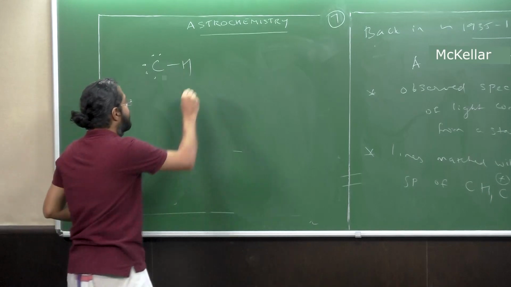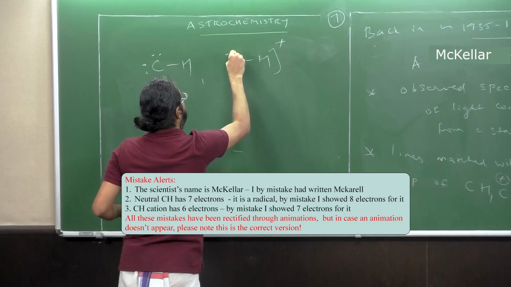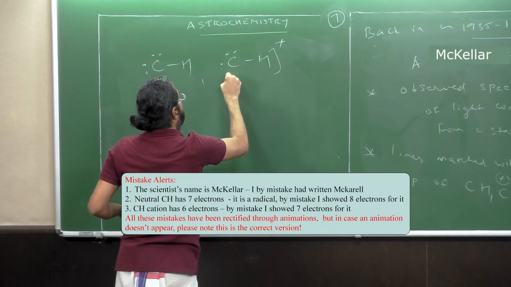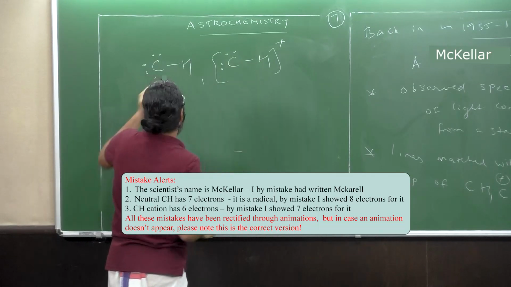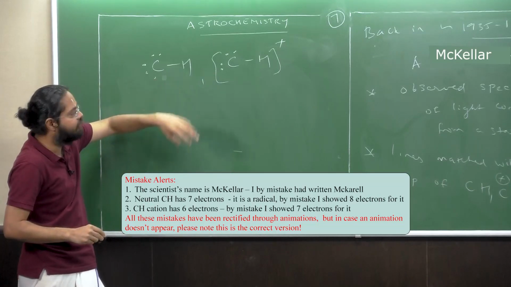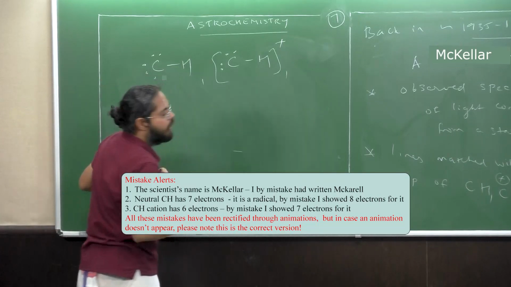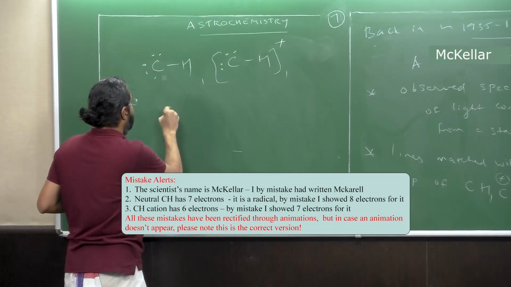This is CH. And then you have CH plus. You take away one electron, and so it has to be coming from the carbon. This is CH plus. And the next species is CN radical.